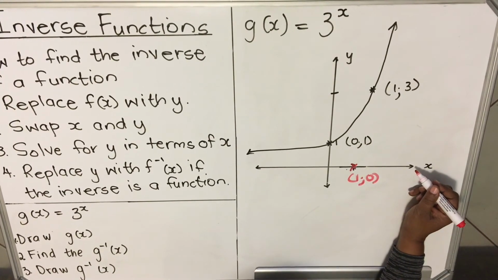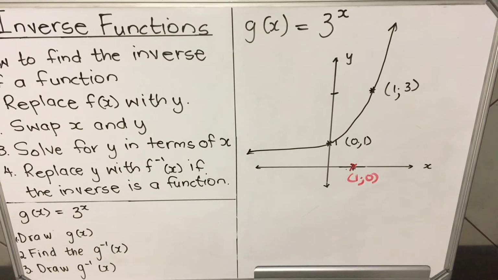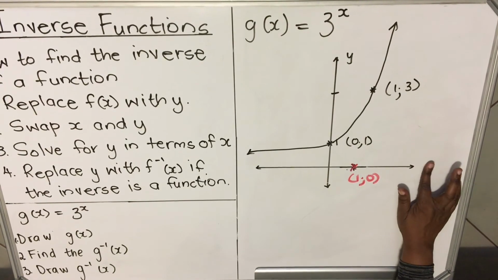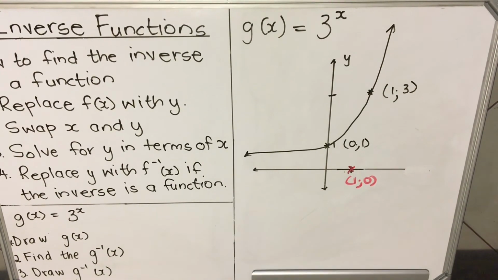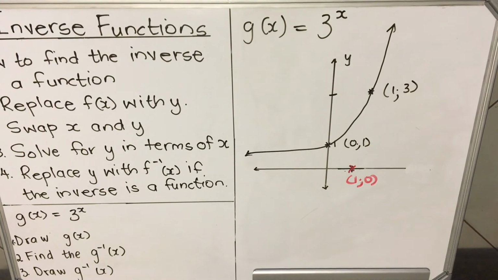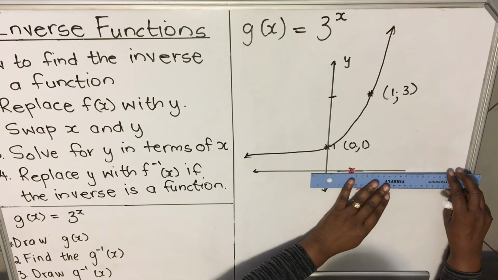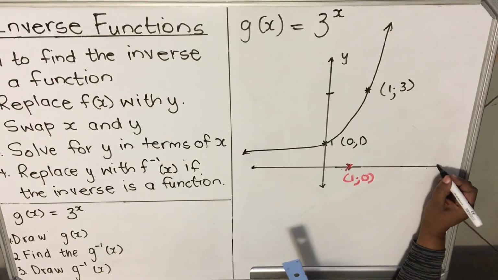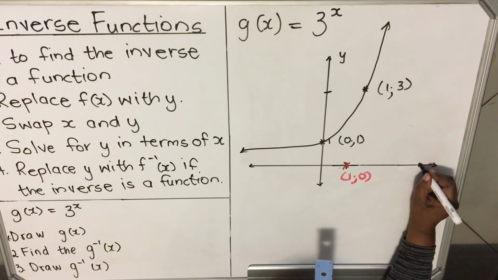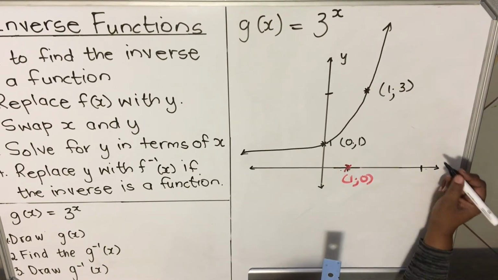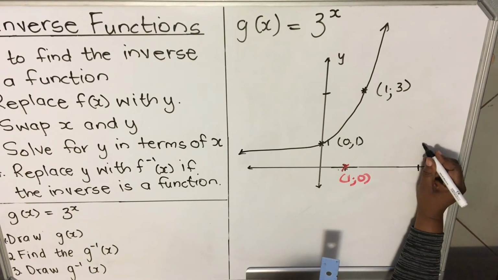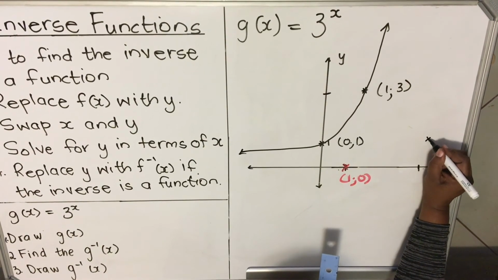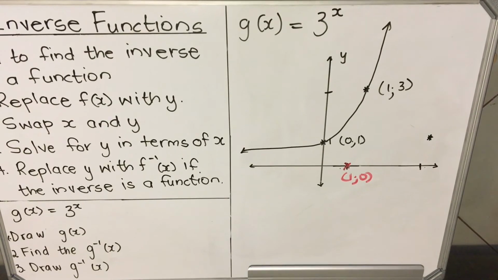So it means my x will be 3, because we just swap them around. My x will be 3 and my y will be 1. So the other coordinate will be there.